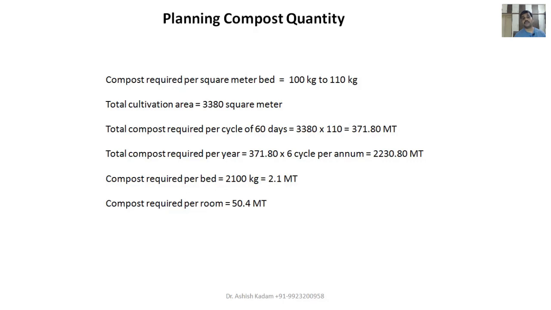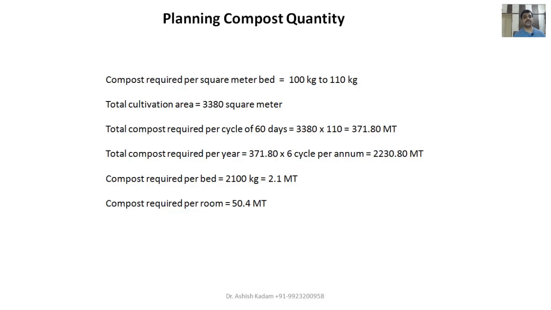They have reduced the compost quantity by almost 20%, and they have increased production by 20 to 25%. So both ways they have got better efficiency, because if you reduce the quantity of compost, naturally your cost of material, your cost for that extra 20 kg of compost will go down, and naturally your margins will increase.